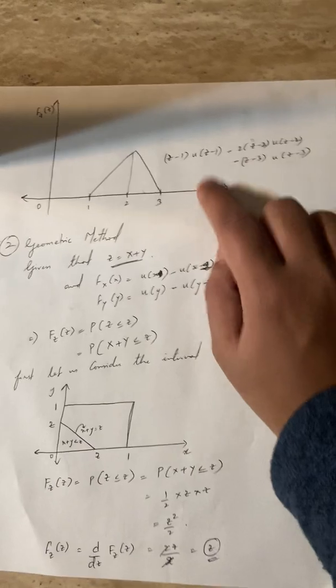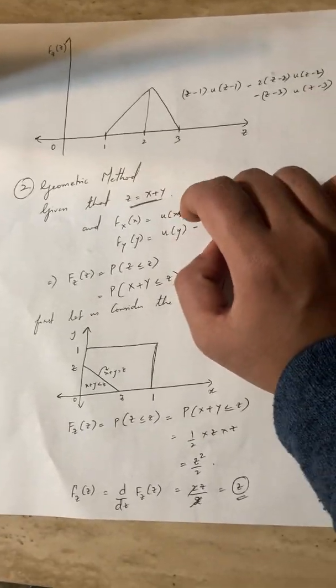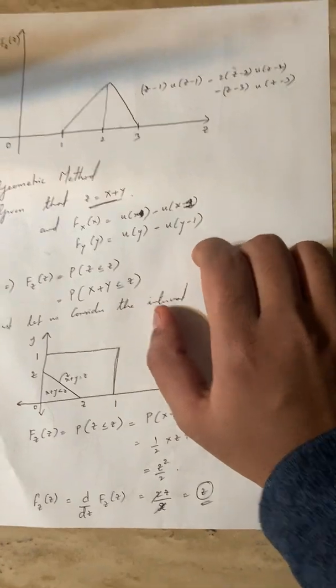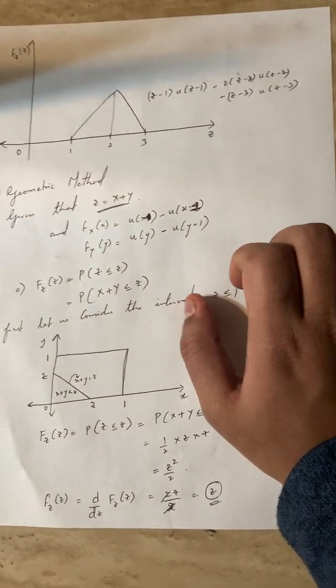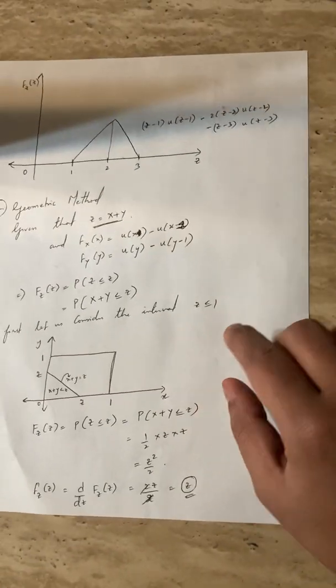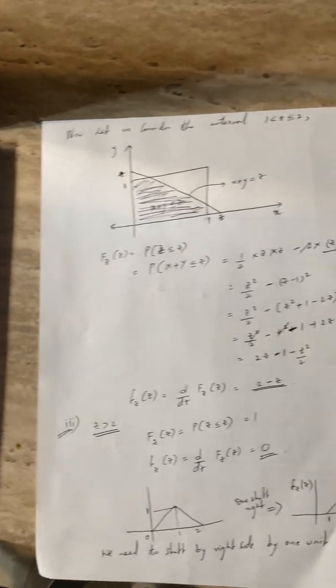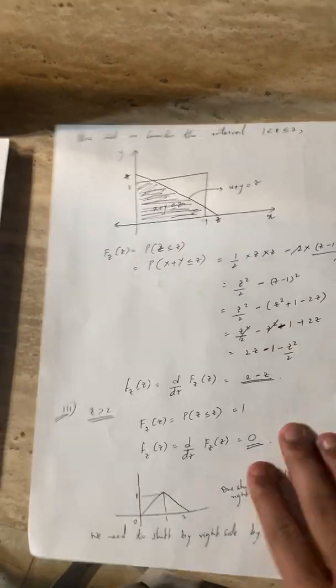Here I'm considering three intervals: z less than or equal to 1, z between 1 and 2, and z greater than 2.